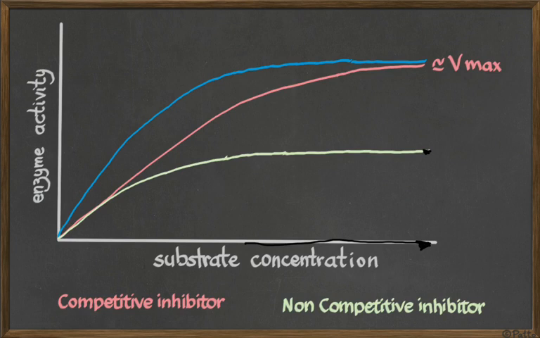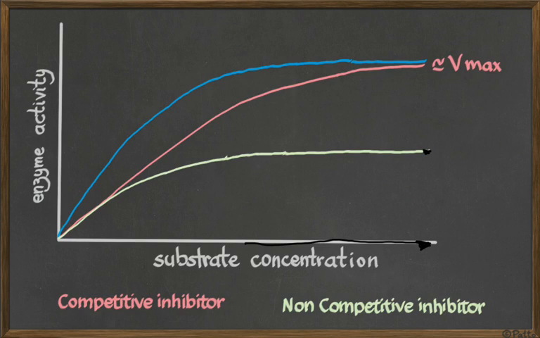So more and more substrate makes no change because you have fewer enzymes available for the chemical reaction to go. This is a classic example of how competitive and non-competitive inhibition work in relation to how much substrate you have around.